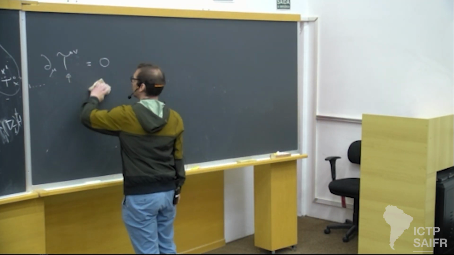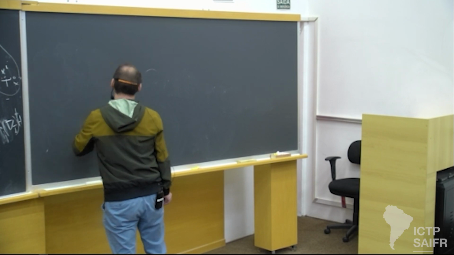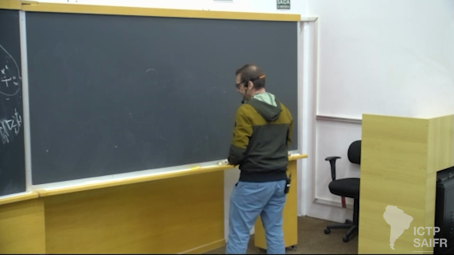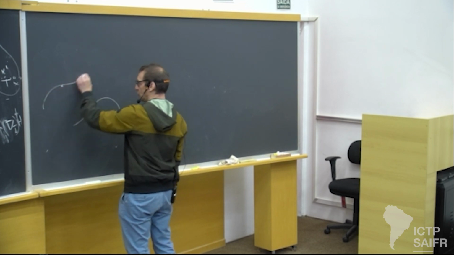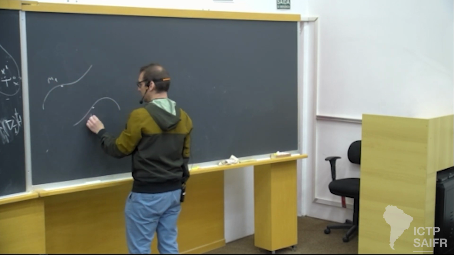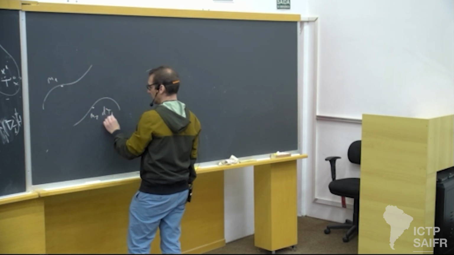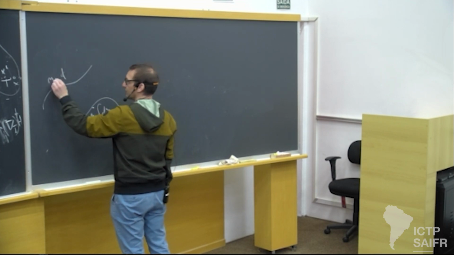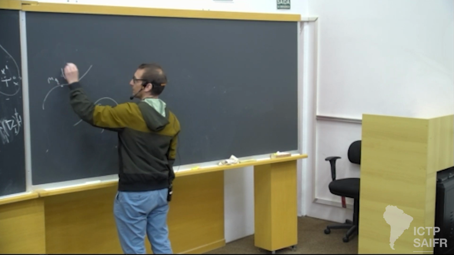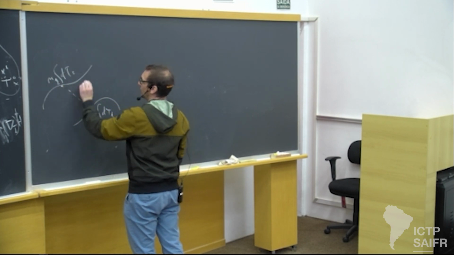And now comes the matching at a deeper level. Now we open the binary. We have those two worldlines, these two M2 theta 1, theta 2, 1 and 2. And all my potentials.